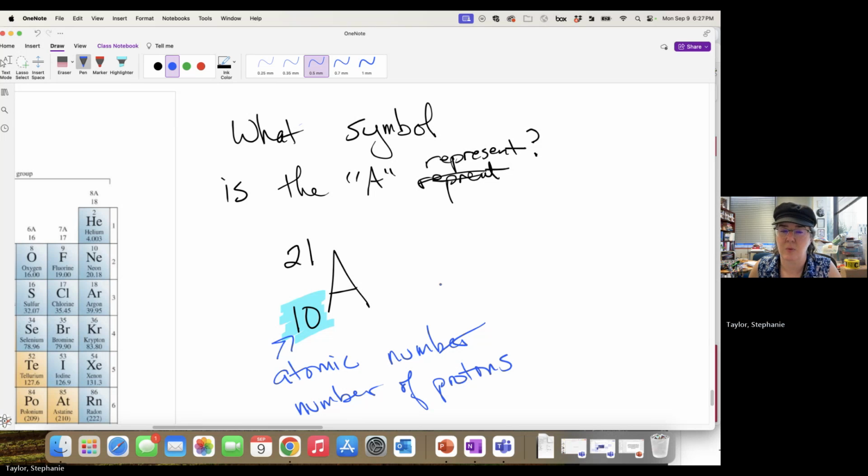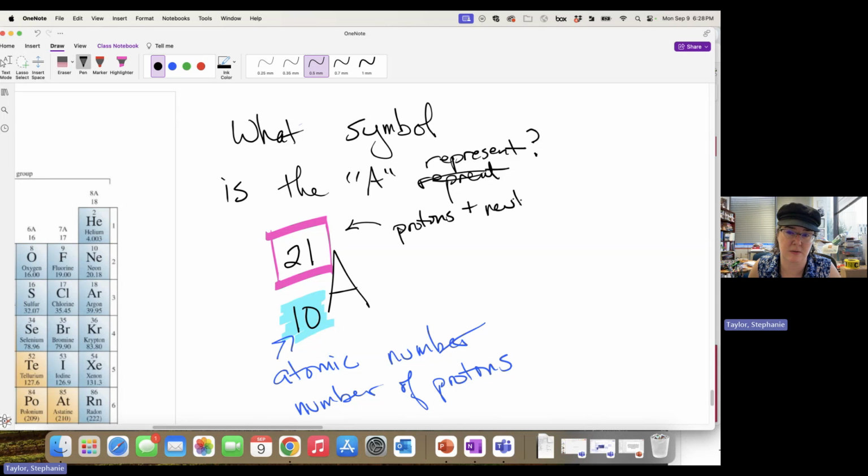This number up top is my number of protons plus neutrons. So 21 equals 10 plus my neutrons, and I could subtract and find my number of neutrons.